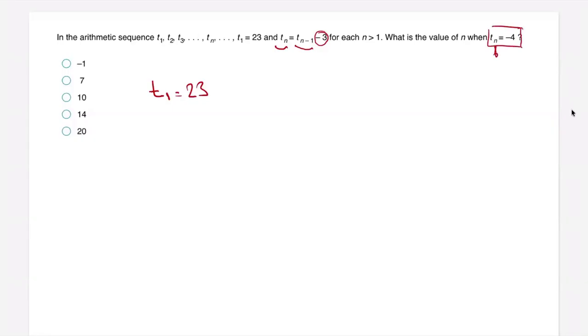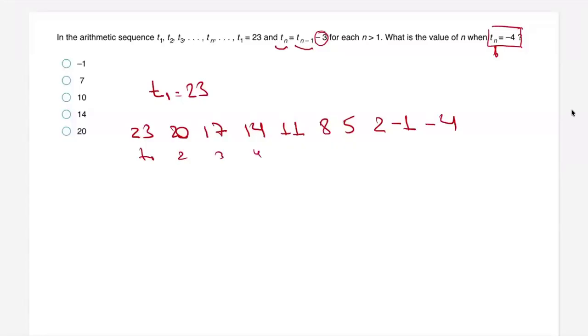You can do it by calculating. 23 minus 3, 20. Minus 3, 17. Minus 3, 14. Minus 3, 11. Minus 3, 8. Minus 3, 5. Minus 3, 2. Minus 3, minus 1. Minus 3, minus 4. T1, 2, 3, 4, 5, 6, 7, 8, 9, 10.